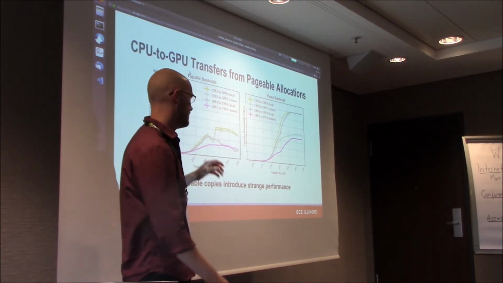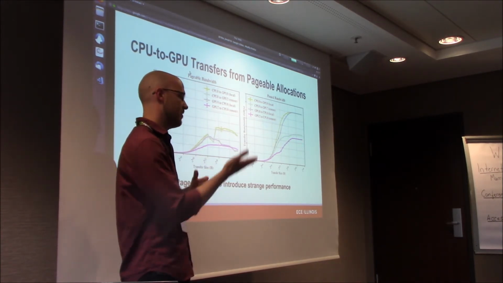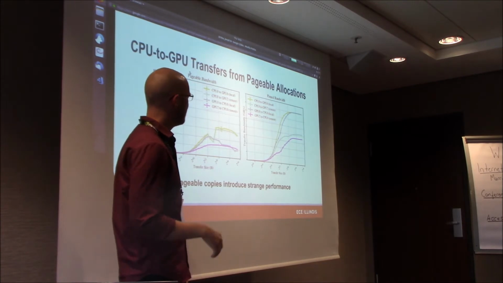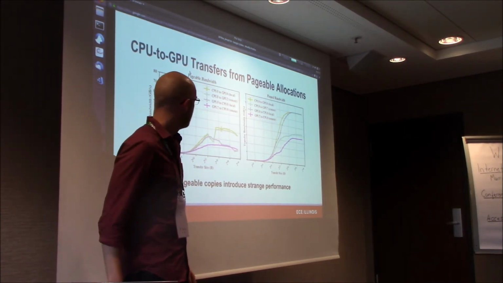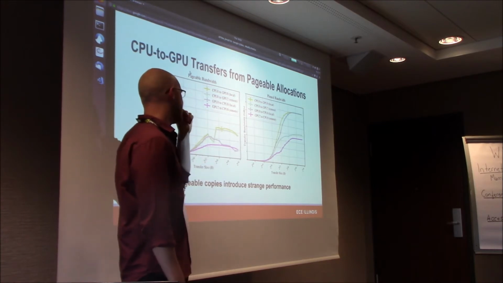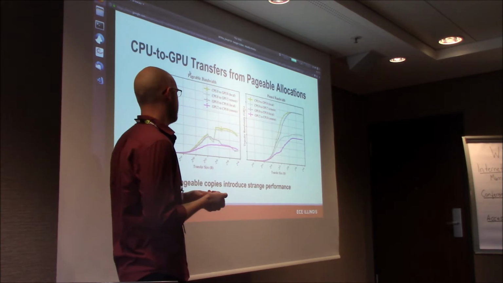Some of these results we are talking with IBM about because we don't really understand why they are the way they are. I think maybe it's on the next slide actually. But again, it's not necessarily obvious from the CUDA documentation.